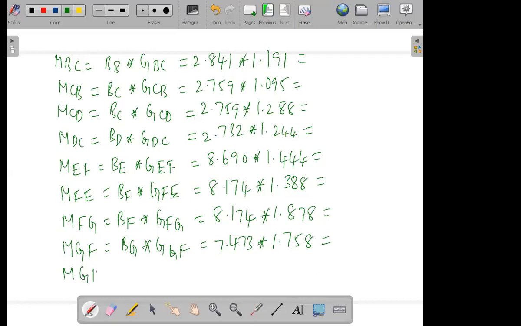MGH is equal to BG into GGH. So 7.473 into 2.12.